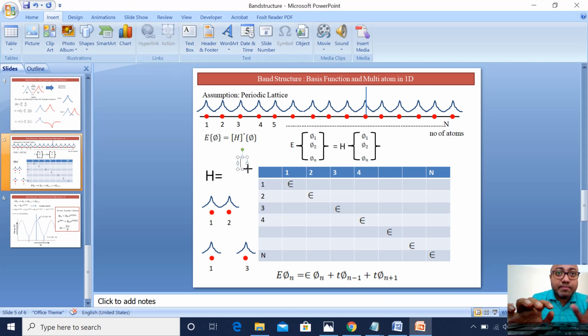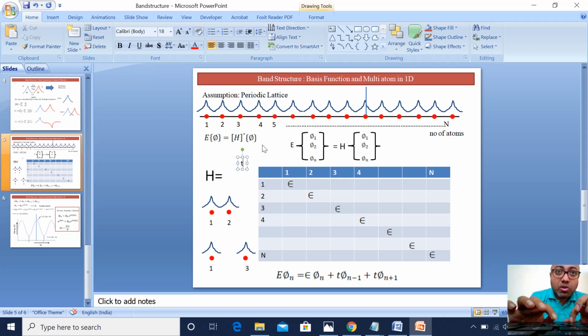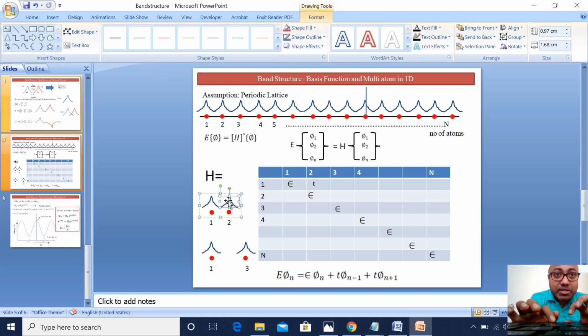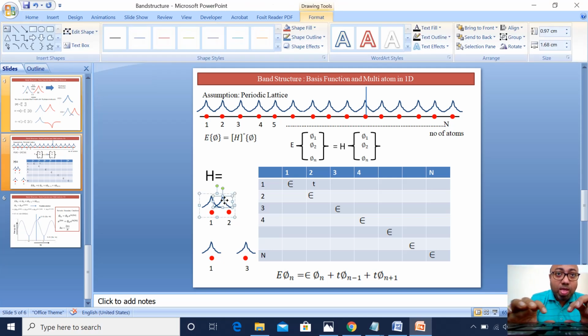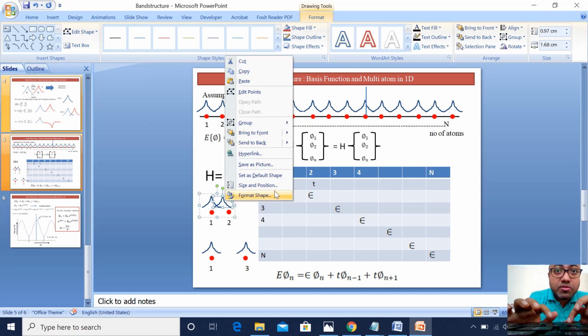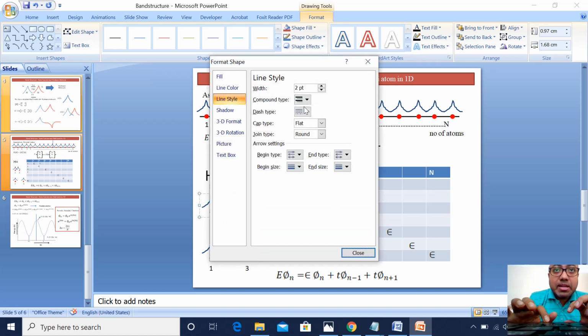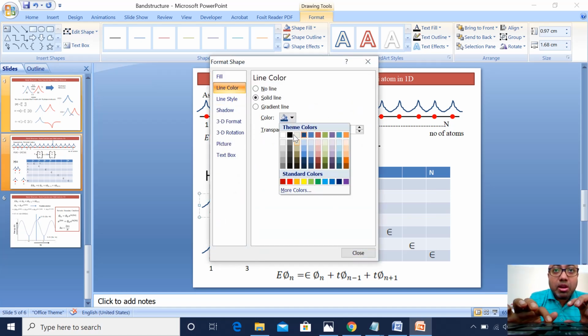That means H12 would be T, fine. Let me just correct it a little bit, and let me represent it in a different color. That will help us a lot.